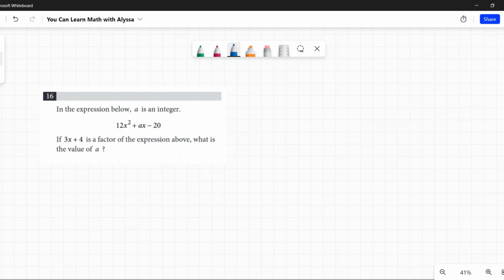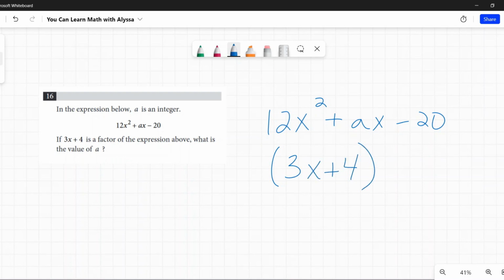Okay, so we have this quadratic, and they are partially factoring it for us, which is nice, honestly. So I have 12x squared plus ax minus 20. And they're saying 3x plus 4 is a factor. Well, I want to figure out what the other factor is.